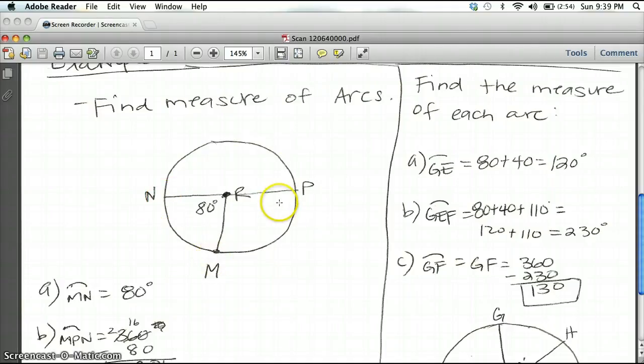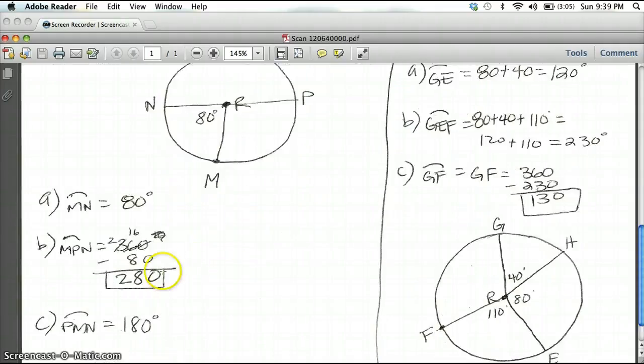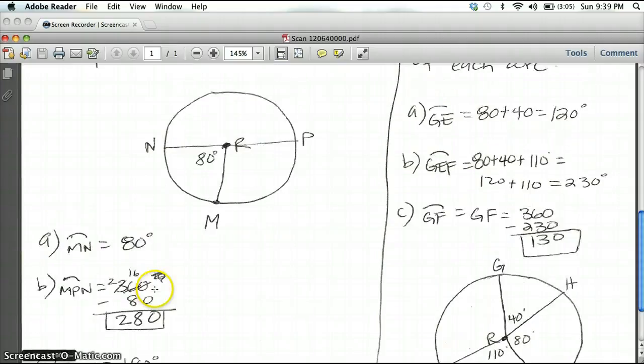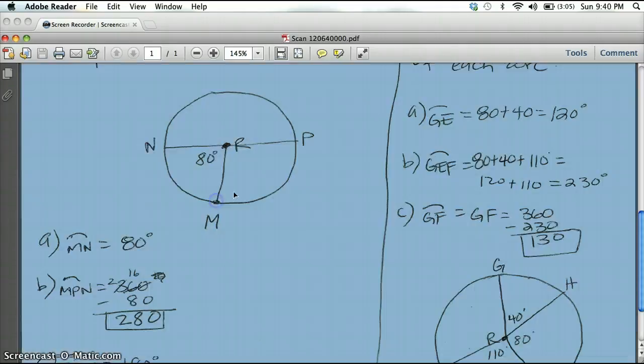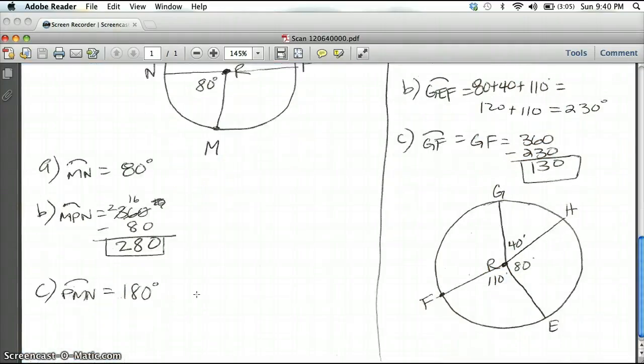And then MPN is the rest of our circle. Now our entire circle is 360 degrees. So we're going to take 360 degrees and subtract 80 degrees, and we get 280 degrees. So arc MPN is equal to 280 degrees.